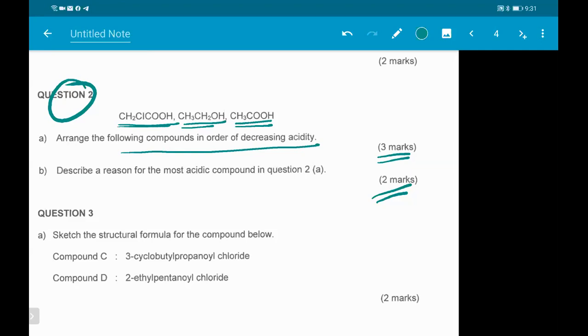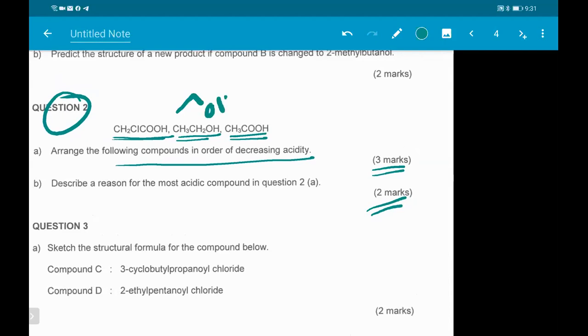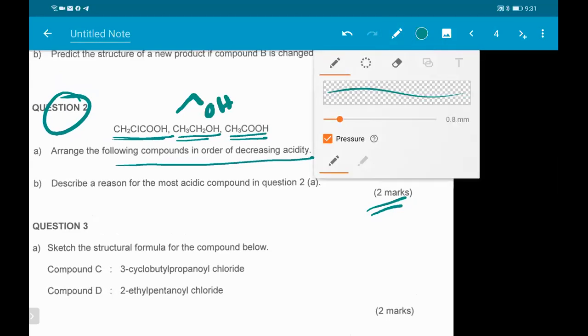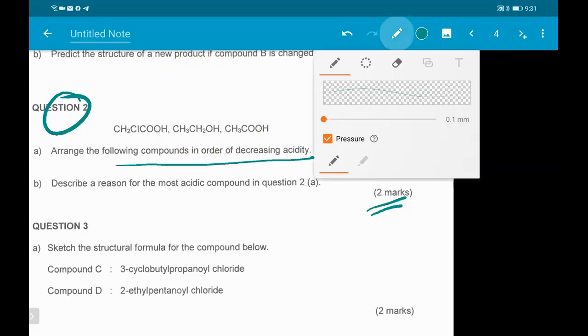Kalau kita nak lukis balik structure dia akan nampak macam ni. Kalau untuk alkohol ni, structure dia begini.